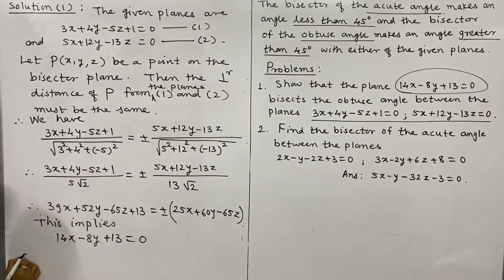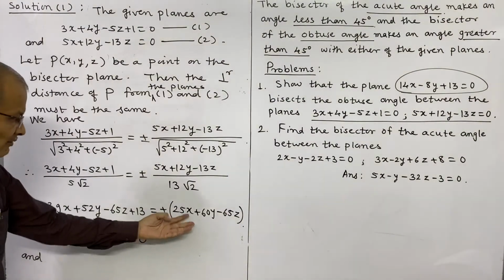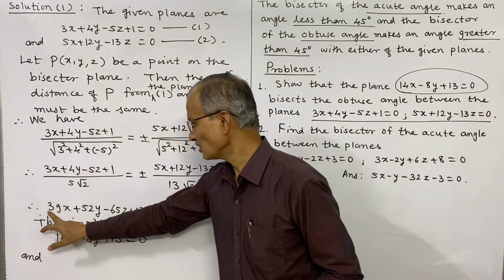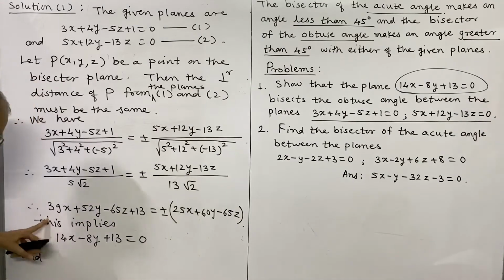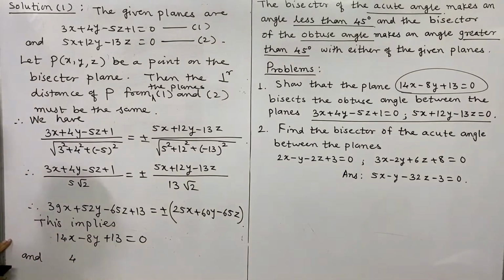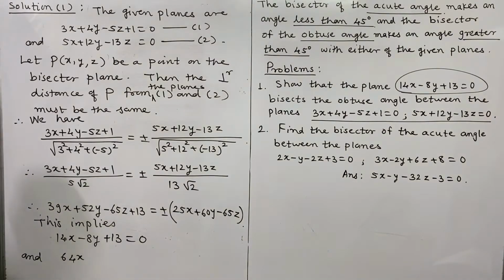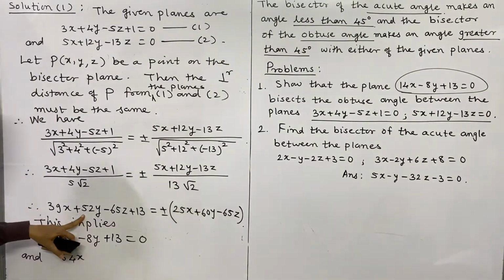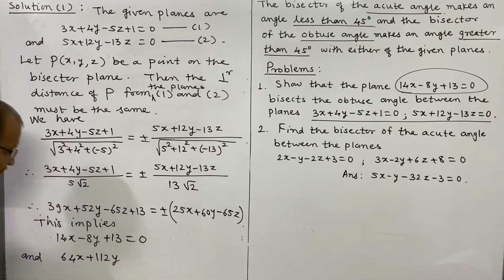And now what about the second? Take the negative sign, and when we add the terms to the left side, that gets added, so that will be actually 39 plus 25, that is 64. Should check the calculations. Yes, and 52 plus 60, and that is 112y.